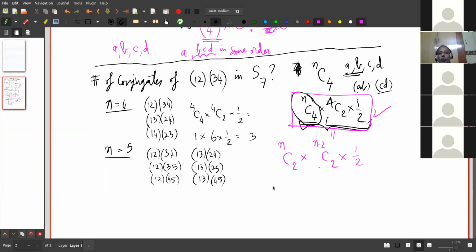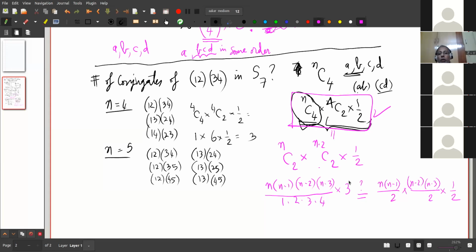Okay, so since I'm saying this is the answer and this is also an answer, let's make sure that these 2 numbers are the same, right? So what is NC4? It is n into n minus 1 into n minus 2 into n minus 3 by 1, 2, 3, 4 into, this turned out to be 3, right? So this is on the one hand, and we are asking whether it's equal to this, which is what? N into n minus 1 by 2, into n minus 2 into n minus 3 by 2, into 1/2.